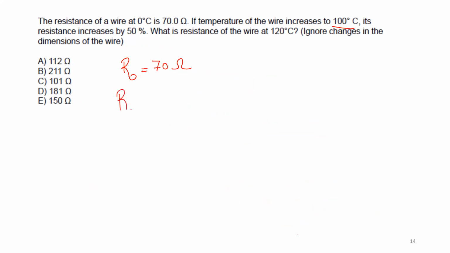So the resistance at 100 degrees Celsius will be R0 plus 50% of R0. Do you agree with me? So that means that my resistance at 100 degrees Celsius is just 1.5 R0.